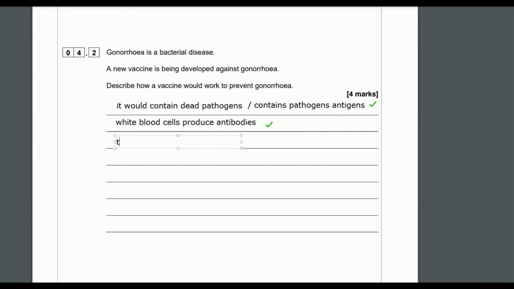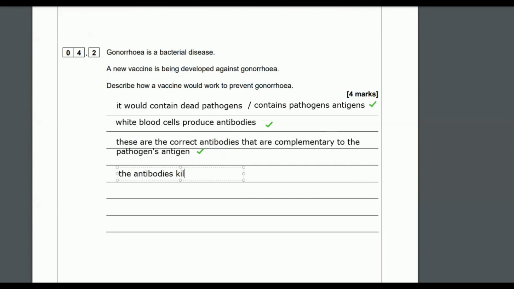Now we need to say these are the correct, or you can say specific, antibodies that are complementary to the pathogen's antigen. That's the marker. So it's really important that the antibody is the right one for that bacteria. Now we can say the antibodies kill the pathogen. So the antibodies actually kill the pathogen.